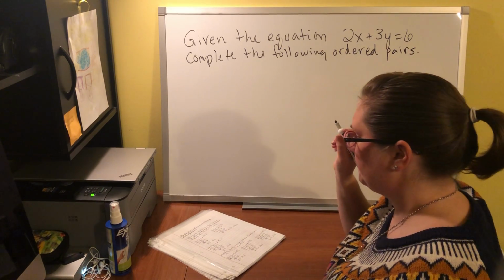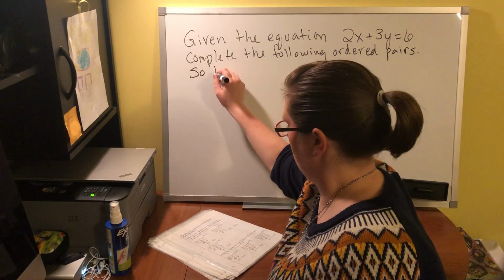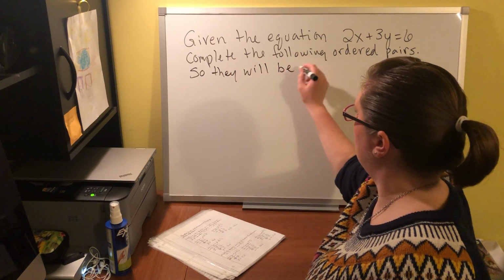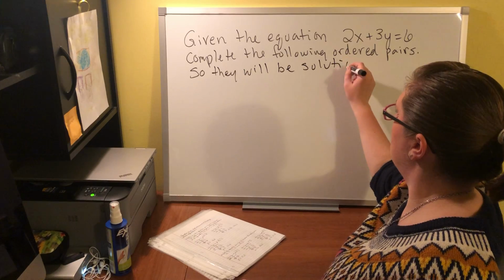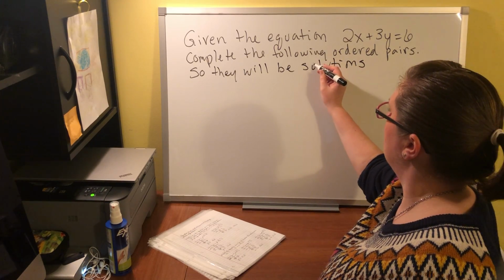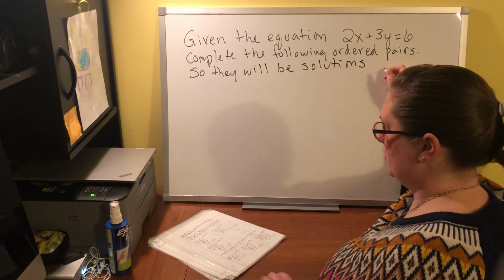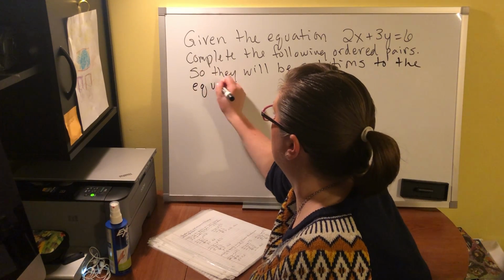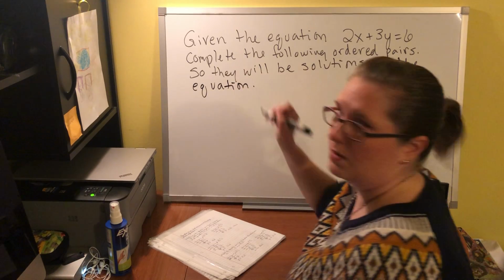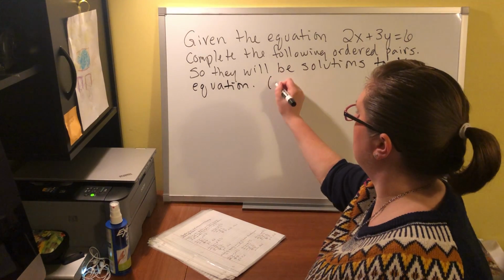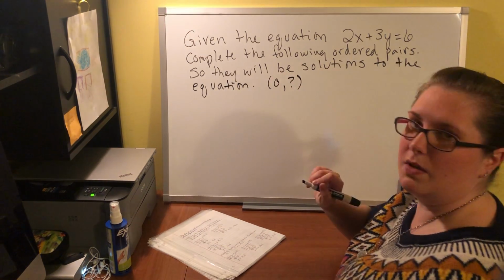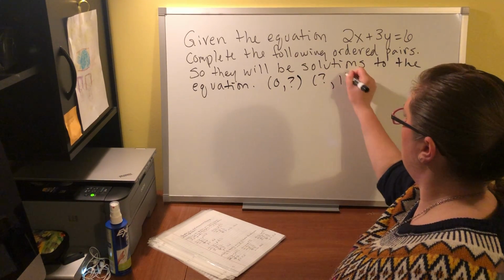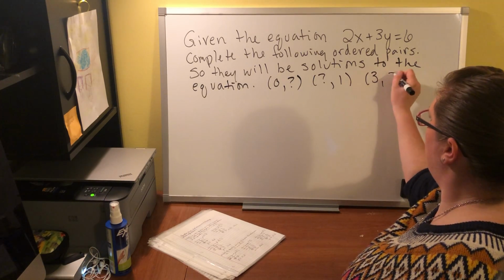Now, it also says they will be solutions. If I can write, that would help. Solutions to the equation, and they're going to give us 0, and we have a lovely question mark. We're going to have another question mark and 1, and we're going to have one more of 3 and question mark.